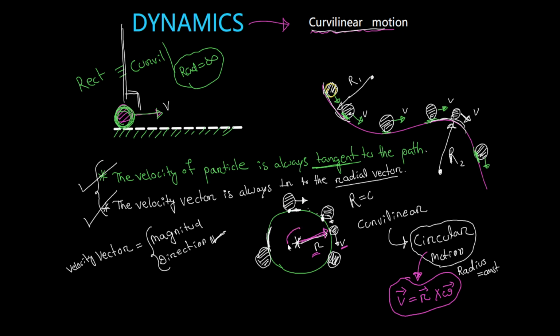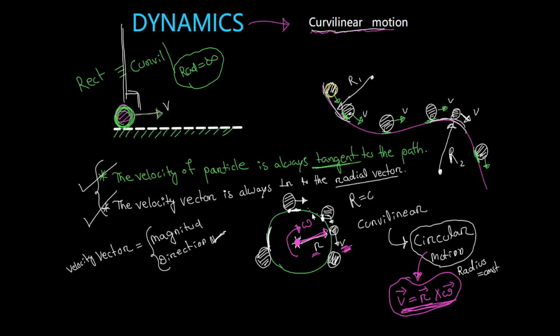There will be an omega vector along this axis, an axis perpendicular to the plane passing through this point. If you consider these two in a plane, then the velocity vector will be perpendicular to both vectors. That is the result of the cross product. Here you get a vector as a result, because in the dot product you get a scalar result, while in the vector product, that is the cross product, you get a vector.